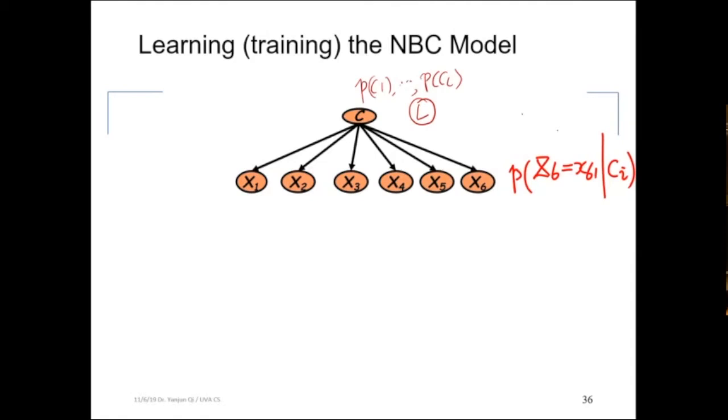So this whole diagram shows everything about the naive Bayes classifier. We need to estimate P(C), only P(C), and then we also need to estimate P(xj) of specific values conditioned on each possible C, Ci.